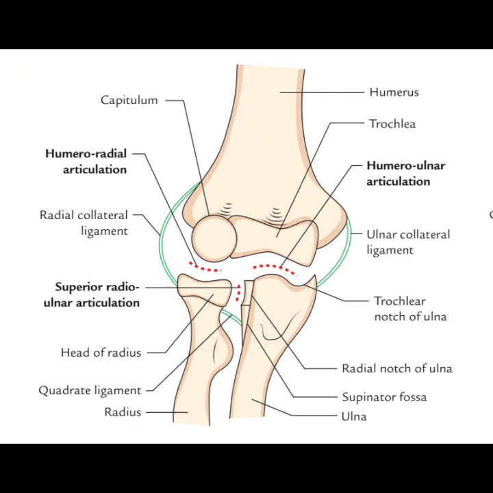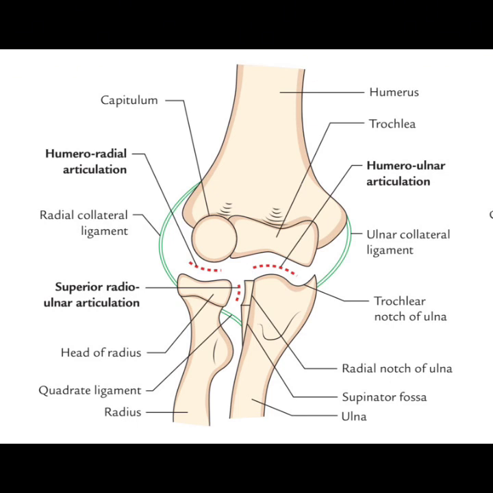And what cartilage is it lined by? The surfaces of the bones inside the joint are covered by a cartilage called hyaline cartilage. Since they are covered by cartilage, this joint is most congruent when the forearm is midway between pronation and supination, and when the elbow is flexed to a right angle.